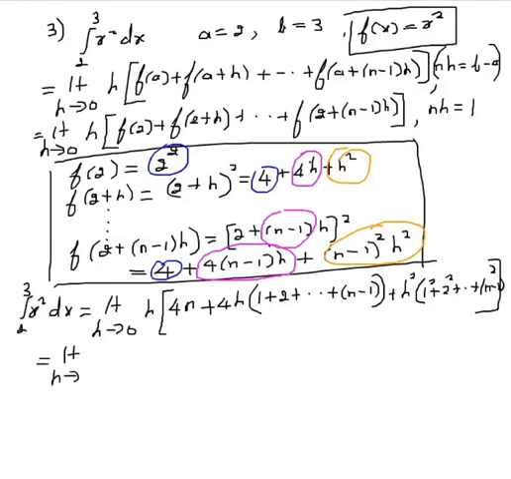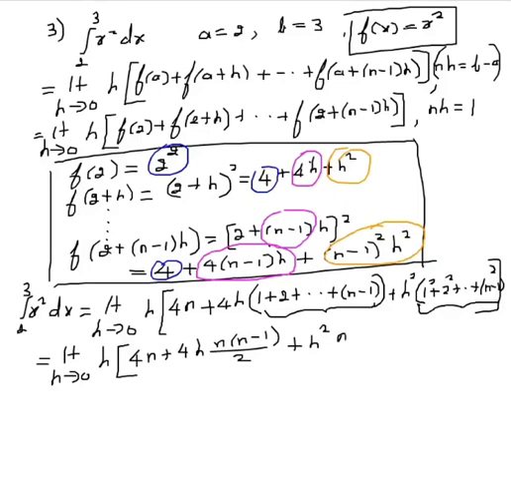Next step is using series formulae. 4h into this sum will be n into n minus 1 divided by 2, plus h square times the sum of these numbers, which will be n into n minus 1 into 2n minus 1 divided by 6.